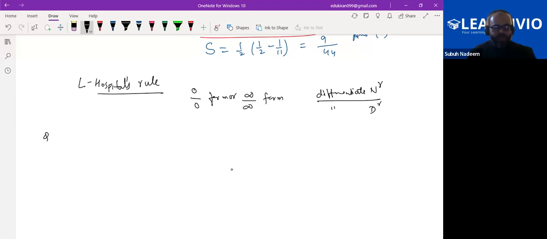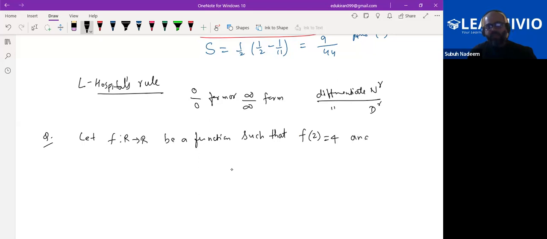Now, if we see a question here, it says let f: R to R be a function such that f(2) is equal to 4 and f'(2) is equal to 1.